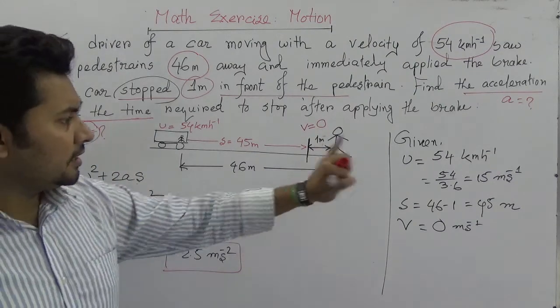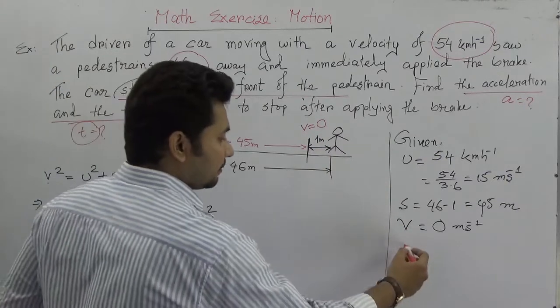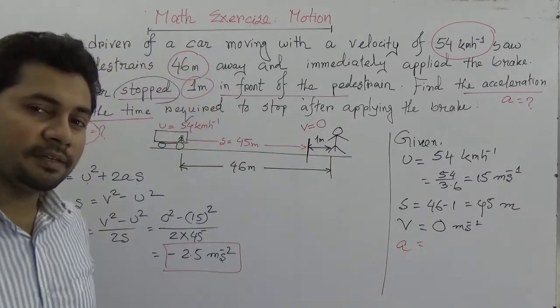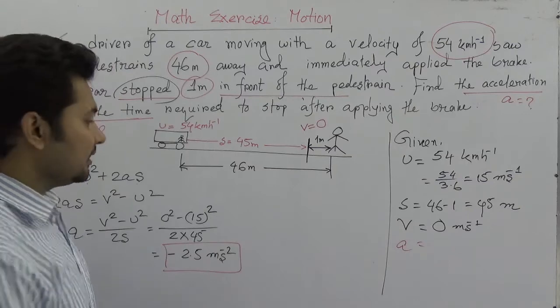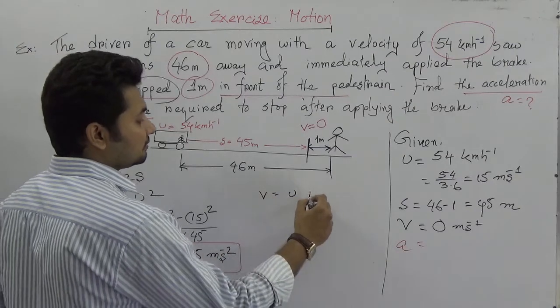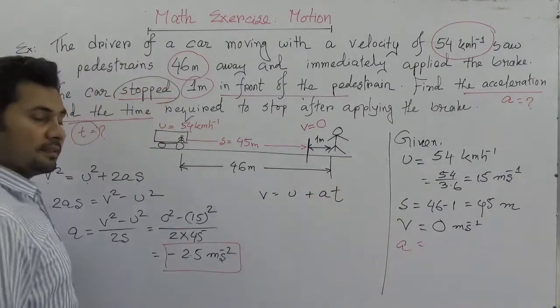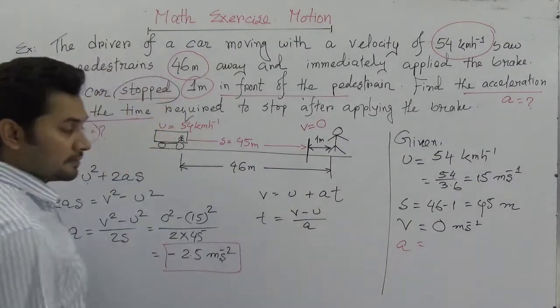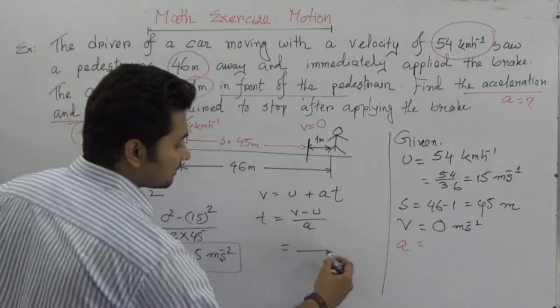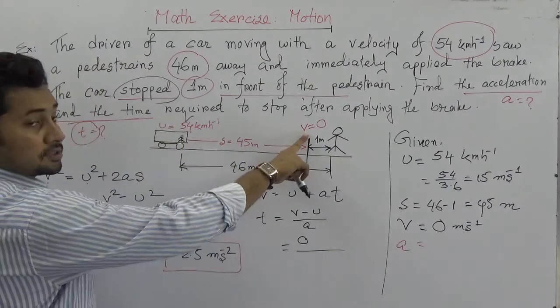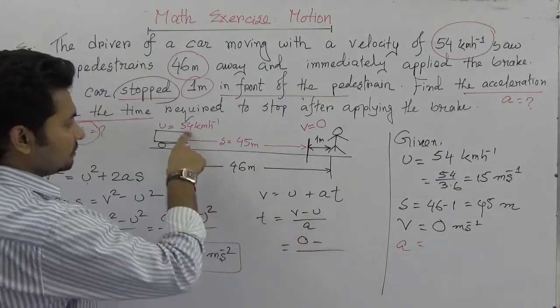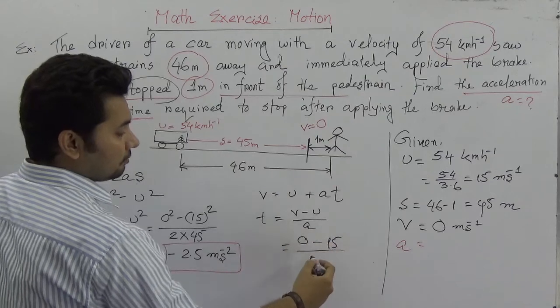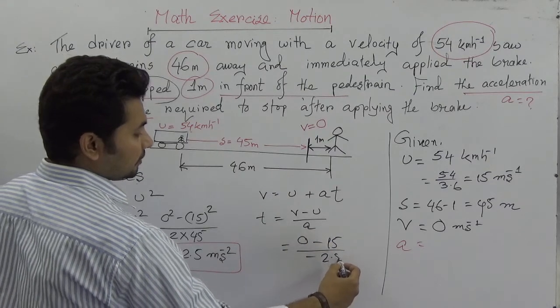Now we have u, s, v, and also a. So now we can simply use v equals u plus at, and then we find t. This v is 0, it stopped, so t is minus u, which is minus 15, over minus 2.5.